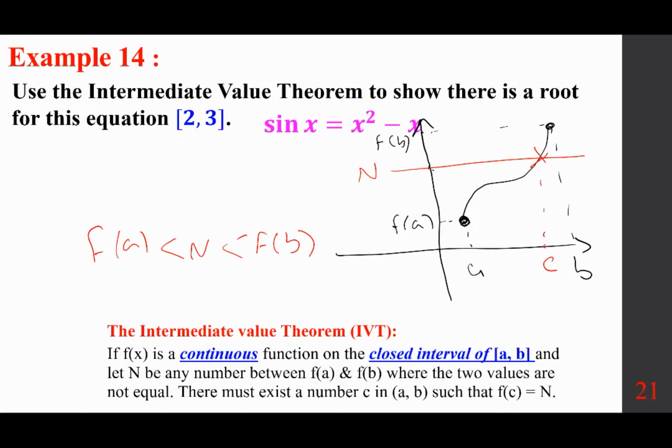So there must be a c such that this equals f of c. That's what this IVT stands for. All right. So I wanted to do the illustration, so making sure everybody understands the concept graphically may make it easier to understand.